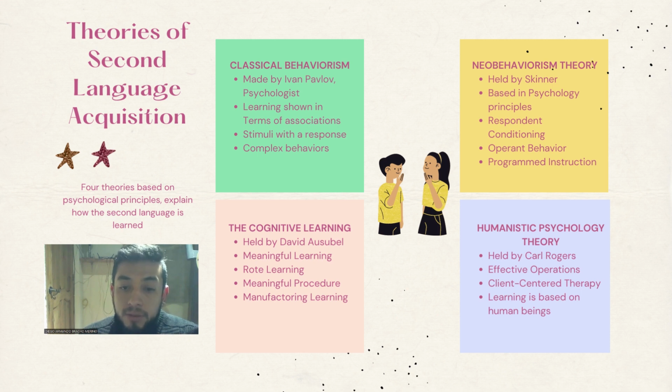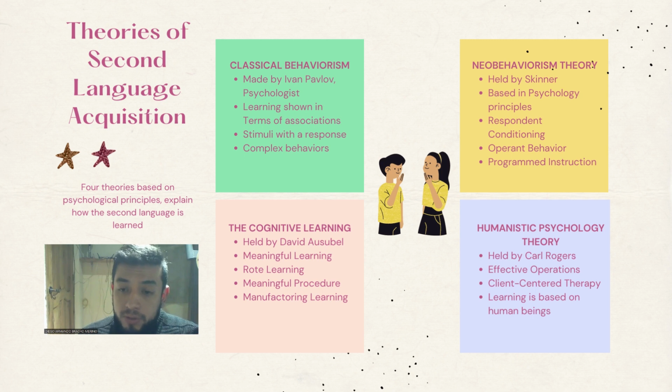And the last theory is called the humanistic psychology theory. In this theory, we must know that it is based on the personality and environmental features of the person. So the knowledge that the person builds up will depend on the personal background of the person. And these aspects become conscious of the person.